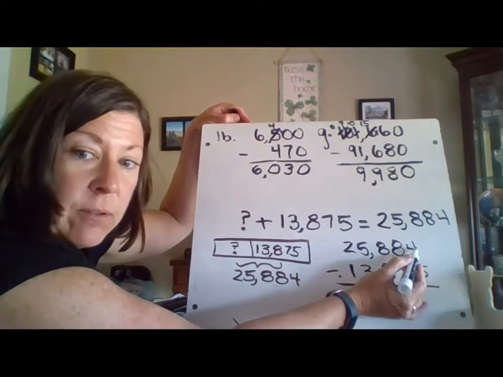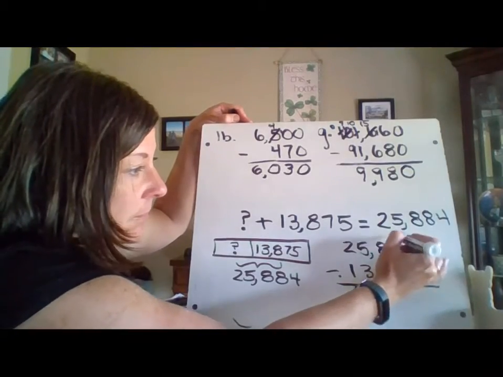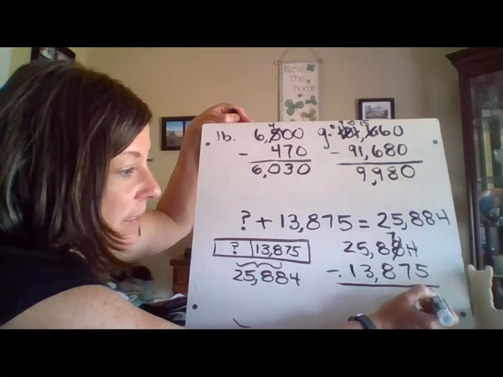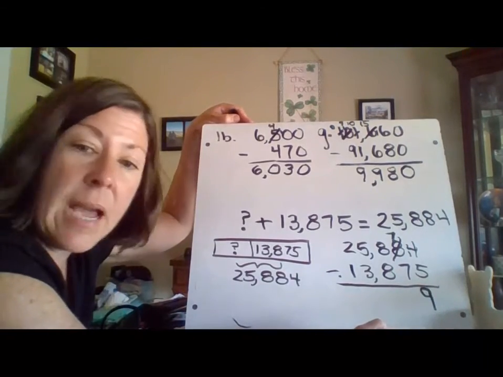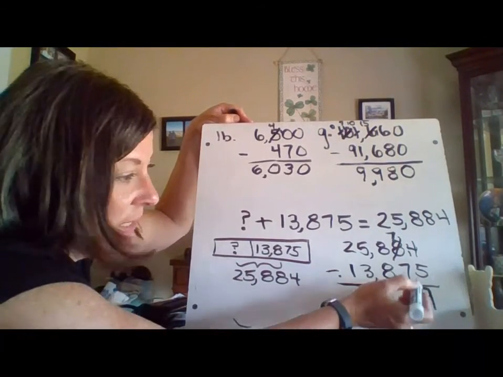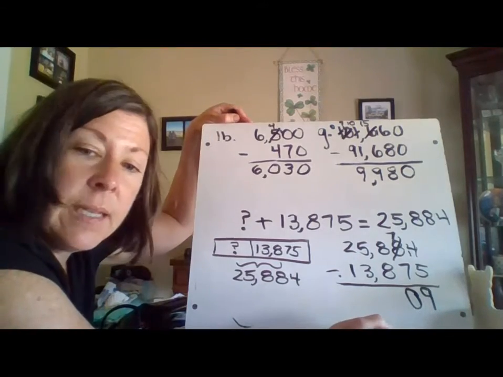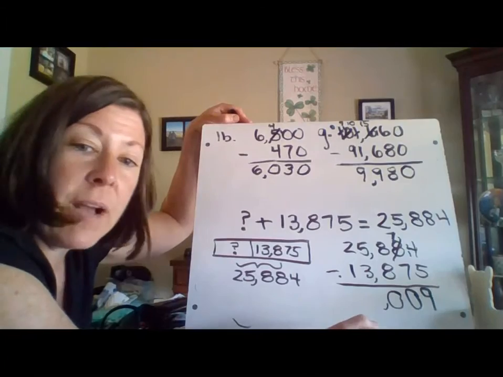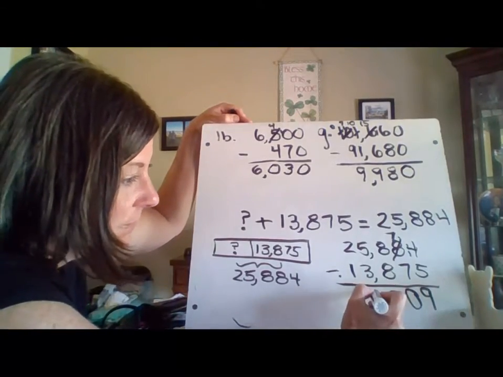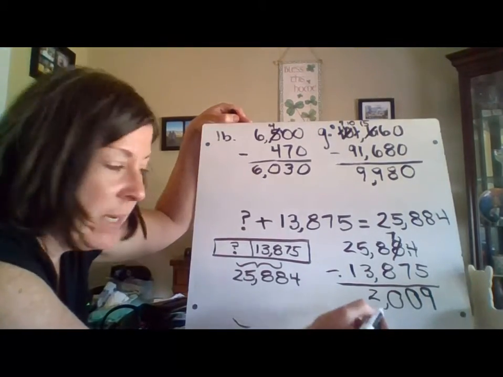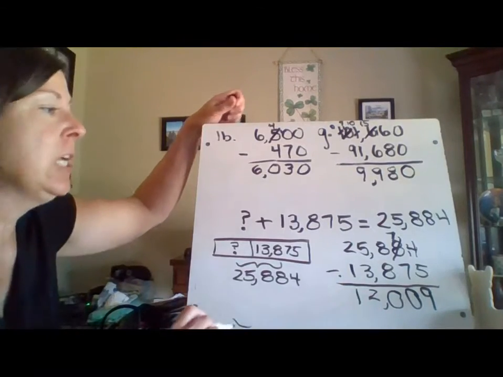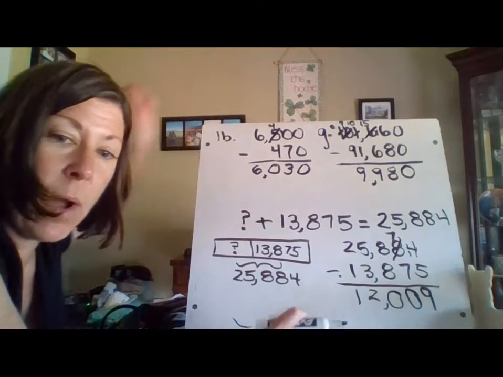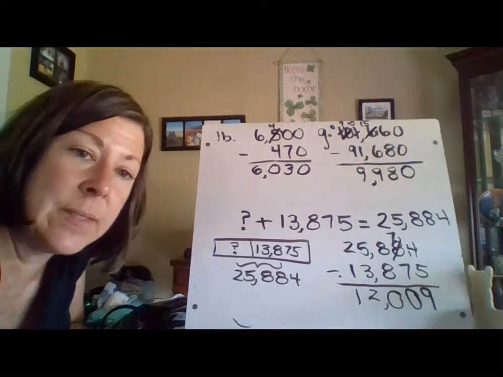I cannot subtract 4 minus 5. 14 minus 5 is 9. 7 minus 7 is 0. 8 minus 8, 0. 5 minus 3, 2. 2 minus 1, 1. So the missing number is 12,009.